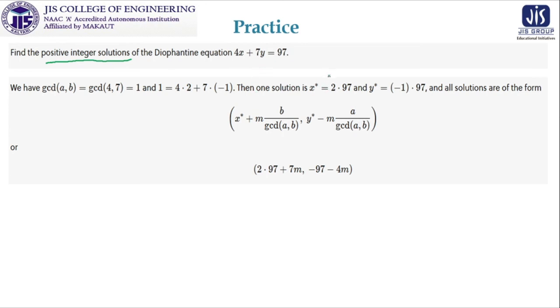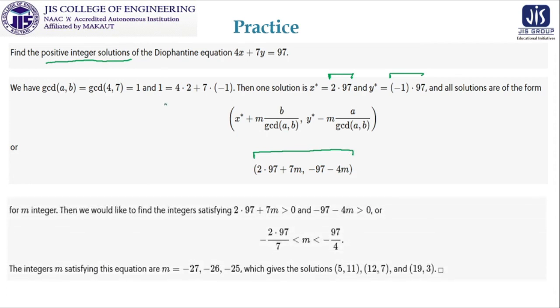Then one solution is 2 into 97, according to the structure of xi into n by d, and another one is this. So the solutions will be of the form 2 into 97 plus 7m, minus 97 minus 4m. But our target is all positive integers. So this one will be greater than 0, and similarly this one will also be greater than 0. Now look very cautiously.